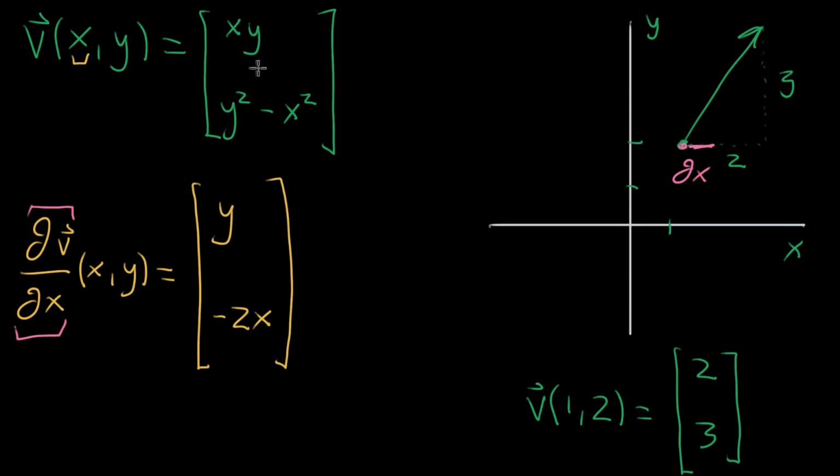Because the output is a vector, the change in the output is also going to be a vector. So there's going to be some other vector attached to this point. It's going to look very similar, maybe something like this, similar but a little bit different. You want to take that difference in vector form, which I'll describe in just a moment, and then divide it by the size of that original nudge.